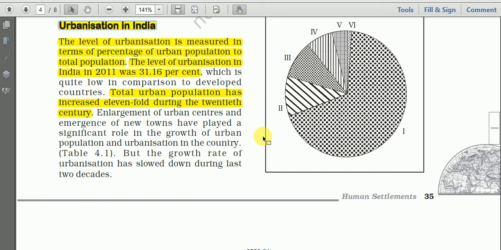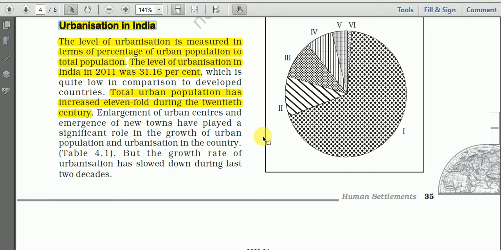So let me repeat: urbanization is the process through which cities grow and a higher percentage of the population comes to live in the city. This is the definition given by National Geographic. Actually, all the definitions are correct.